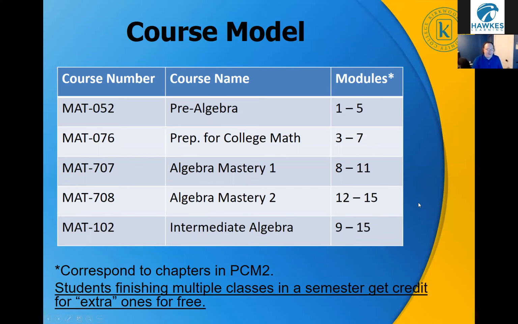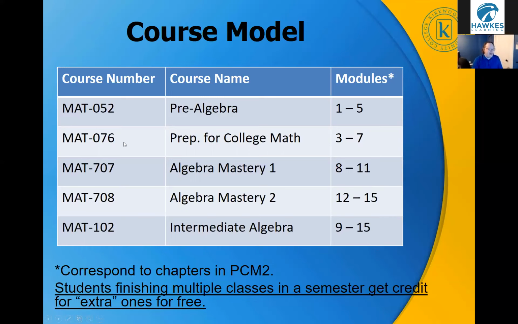We have a set of courses that all take place within the same curriculum framework. So we have our material sections into modules, which correspond to chapters in the second edition of Hawks Preparation for College Math. So we have a pre-algebra class, which covers modules 1 through 5, basically pre-algebra topics.